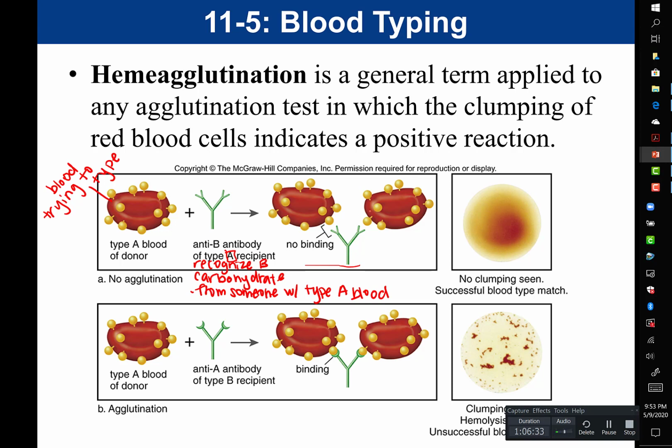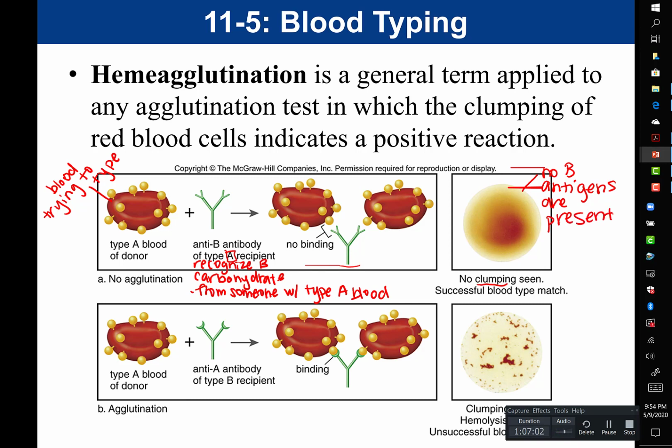The antibody is not going to bind to the blood. And as a result, you're not going to see agglutination. So no clumping. So what that tells us is that if we mix it with anti-B antibodies and we get no agglutination, that means that no B antigens are present.